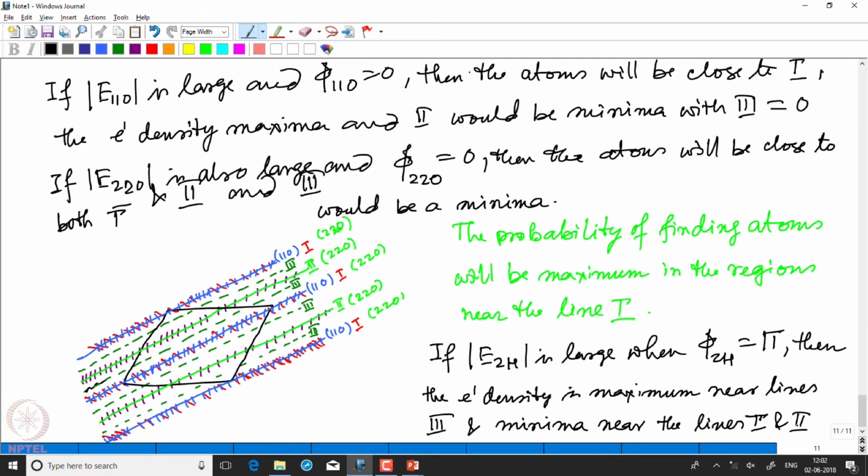If you can see in this figure, if we have additional electron density, if E2H is maxima at phi equal to pi, then the regions marked as 3 will have high density and regions marked as 1 and 2 will have low density. So overall the 110 and 220 sets of reflections will not have any overlap of intensity, and hence a different scenario will be represented.